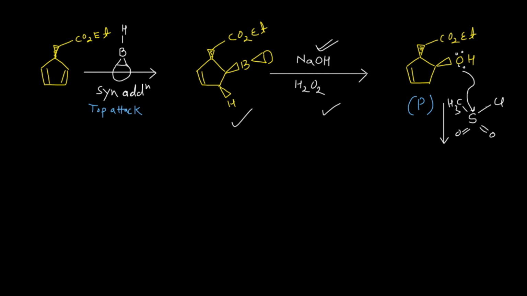And this chlorine will leave as a leaving group, and then you will get another intermediate. You can very beautifully draw the structure of that intermediate by putting the double bond on the left hand side and putting my ester moiety on the bottom face, right?